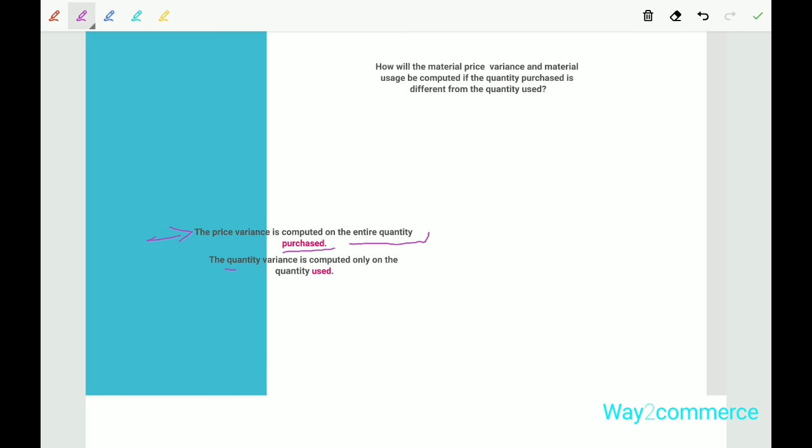In case of material quantity variance, compute only on the quantity used. So because here material price variance, we only take material quantity purchased. In case of quantity variance, compute only on the quantity used. So this is the computation.